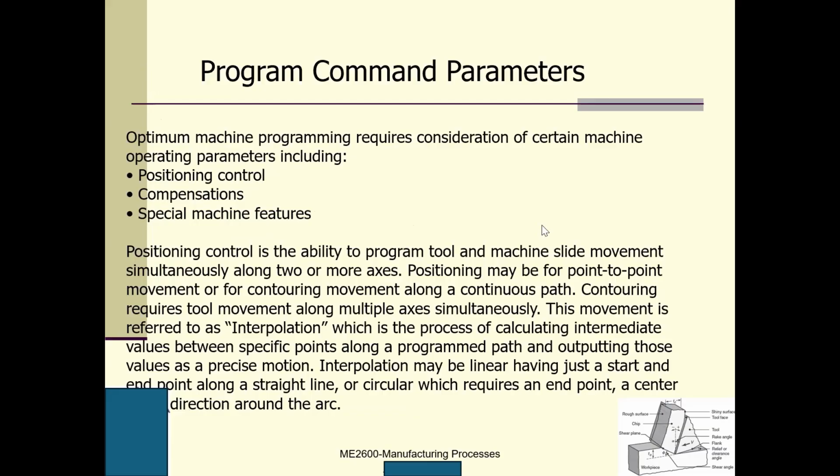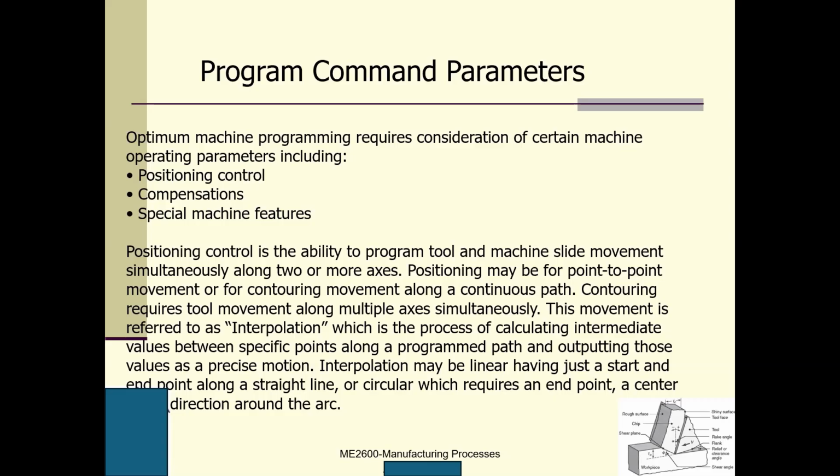The program command parameters. Optimal machining programming requires consideration of certain machine features. The CNC is the computer control system, including the positioning control, compensations, and also special machine features.